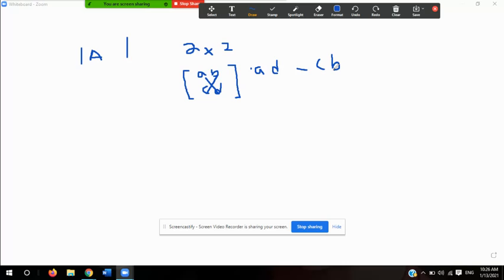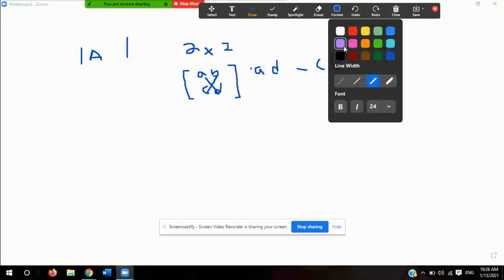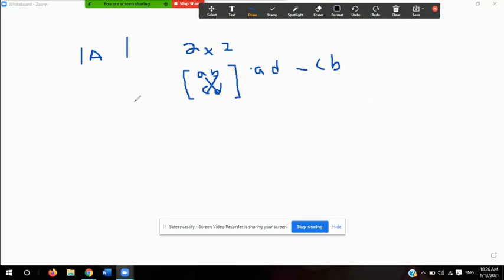In your book, you have example 1A, and example 1A has a matrix of 5, 4, 3, and 1. And I want to find the determinant of 5, 4, 3, and 1.